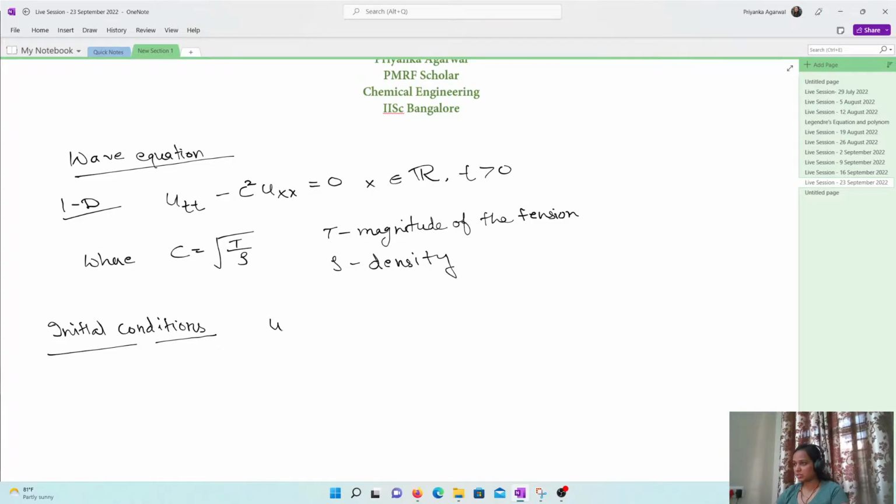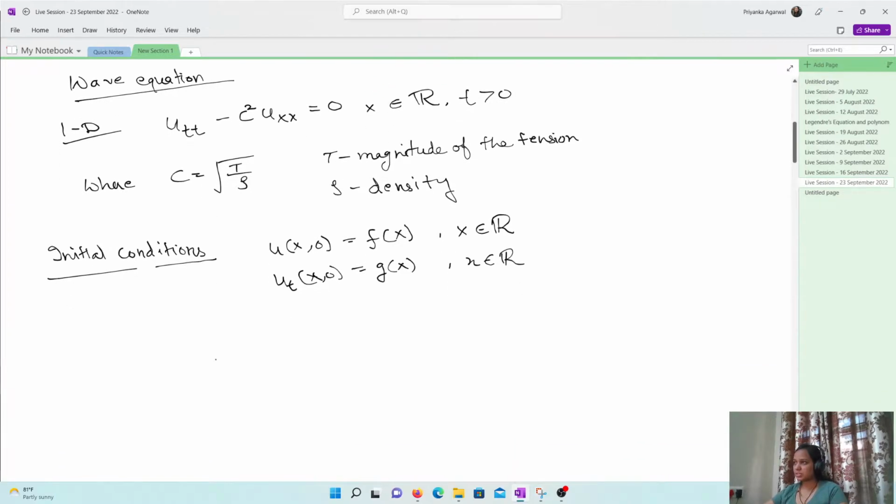The initial conditions are u at any x but t equals 0 is given by some function, say f(x), where x belongs to R, and then du by dt at (x, 0) is equal to g(x), where again x belongs to R. So for this, he has shown in the lecture the solution using D'Alembert's solution.